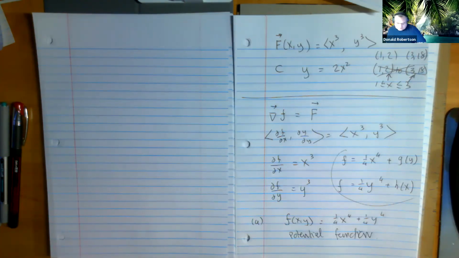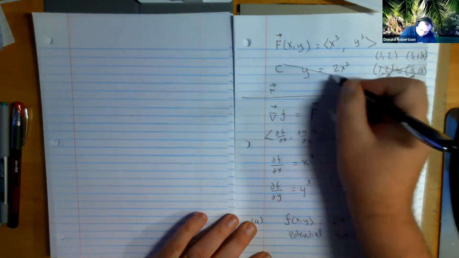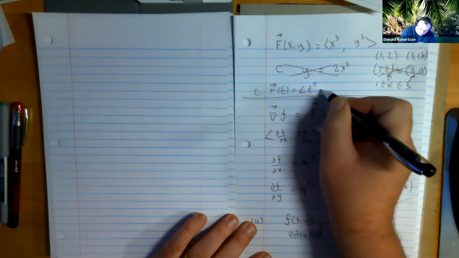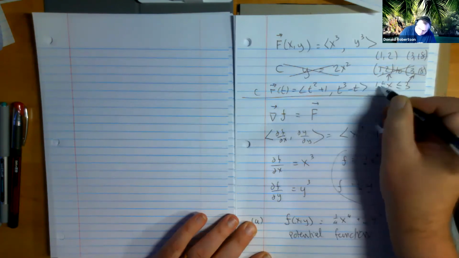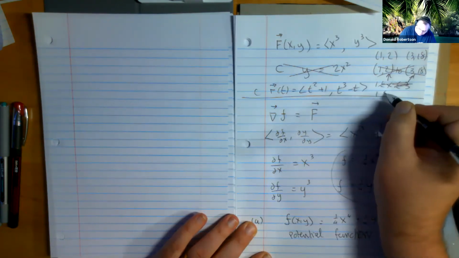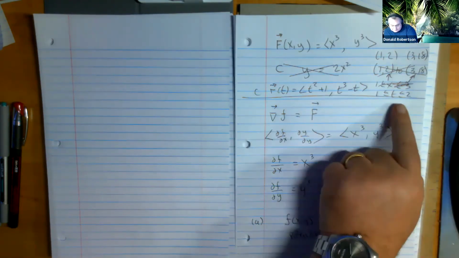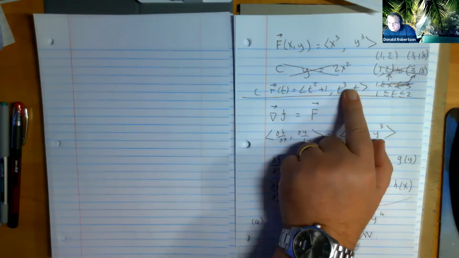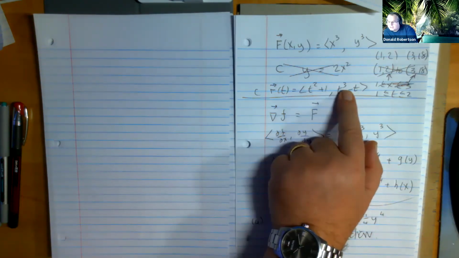Now, suppose same story, but the curve C is now given as t squared plus 1, t cubed minus t, and t now goes from 1 to 2. In that situation, don't you plug t equals 1 and that gets you the coordinates of the start, and t equals 2 and doesn't that get you the coordinates of the finish?